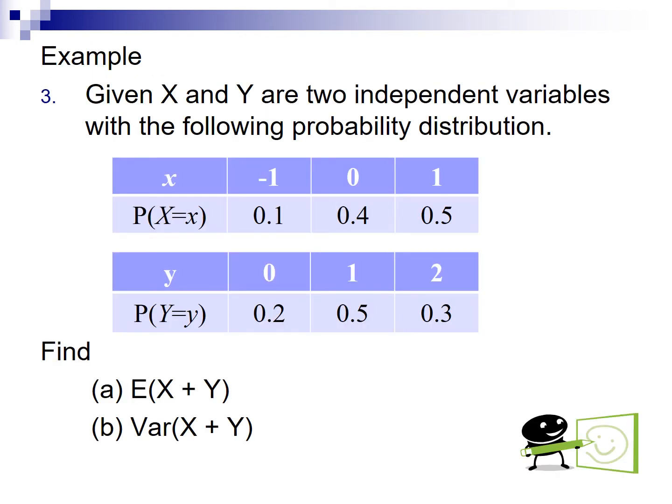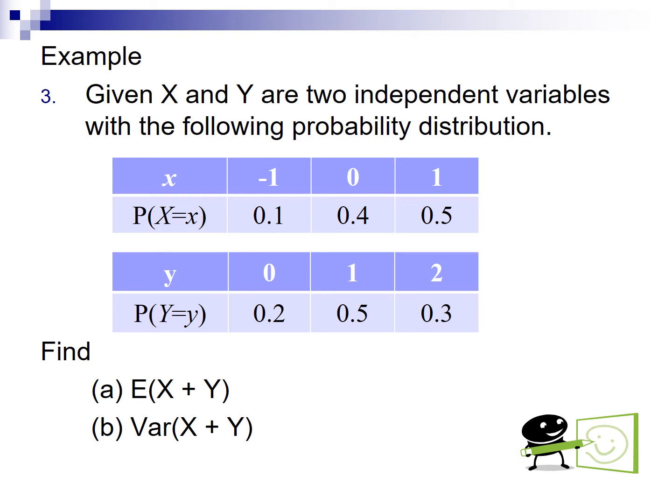Example 3. You are given two independent variables, x and y, with their probability distributions. So you need to find the expected value of x plus y and the variance of x plus y. So first you need to find the expected value of x and the expected value of y.